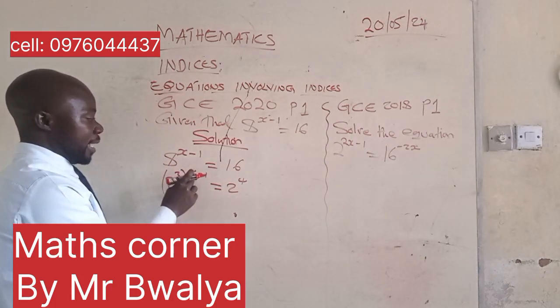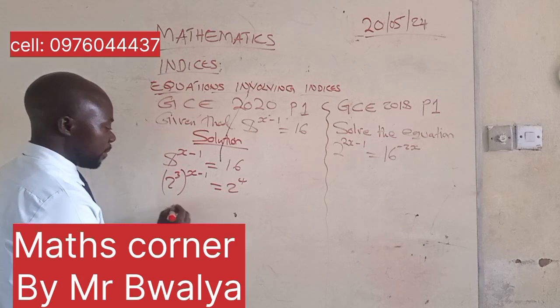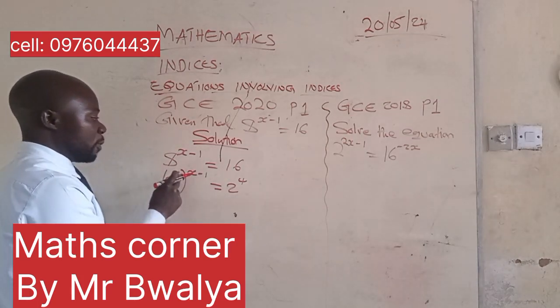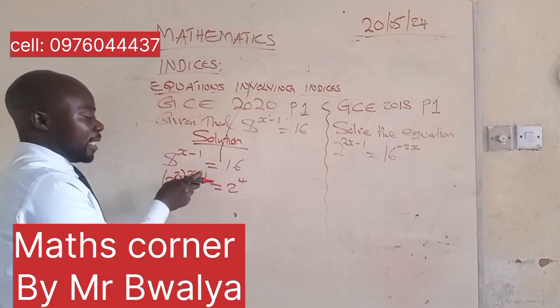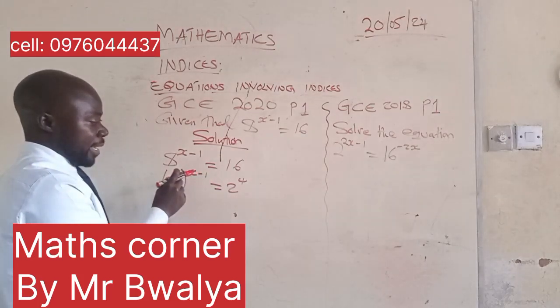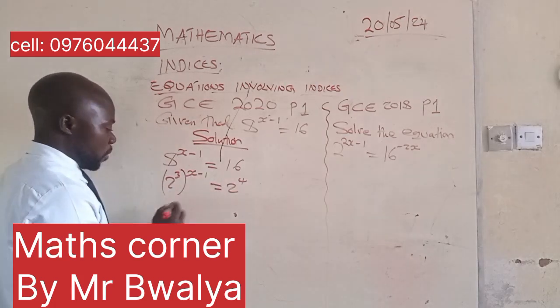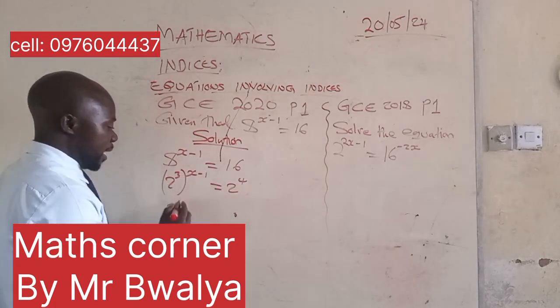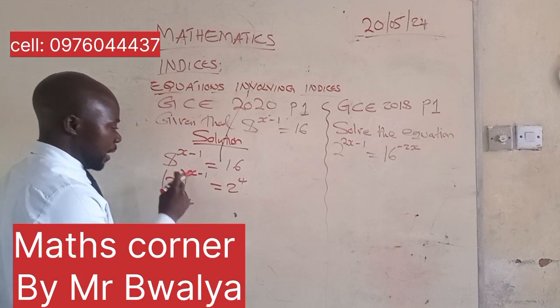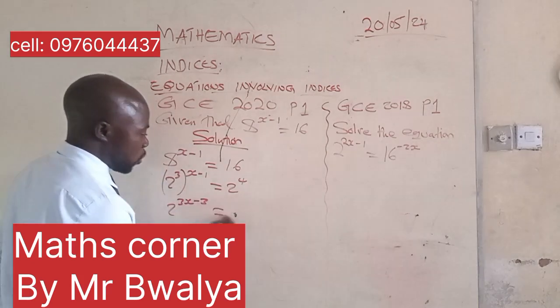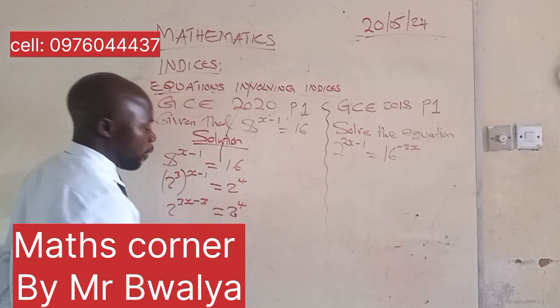Okay? Then, before we do anything with the bases here, we're going to say 3 times x, which will give us what? 3 multiplied by everything. We will say this 3 is a scalar. Okay? A scalar to multiply by x minus 1. So 3 times x will give us 3x. Then 3 times negative 1, which is negative 3, is equal to what? 2 to the power 4.